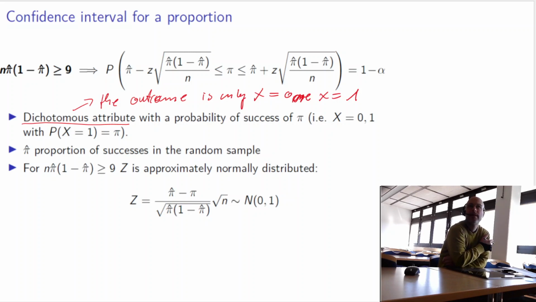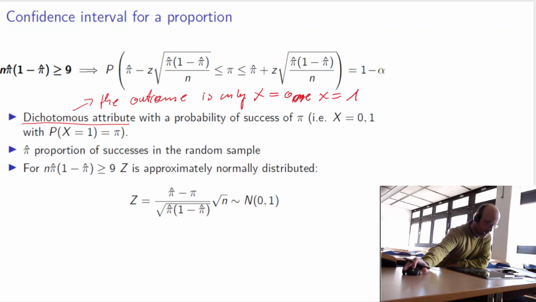And in this case, remember that our variance was just the probability times 1 minus the probability.